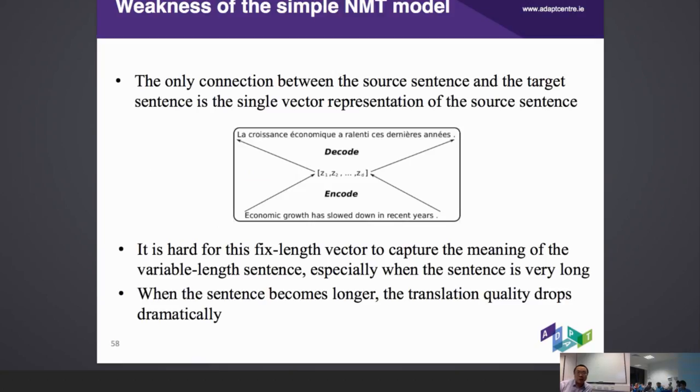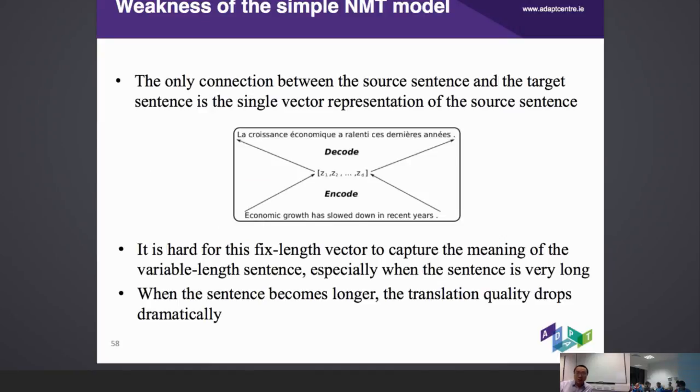But it is not good enough. Actually, this simple neural model did not outperform the traditional statistical model, because you can see the weakness here. The problem is that the only connection between the source sentence and the target sentence is a single vector representing the source sentence.